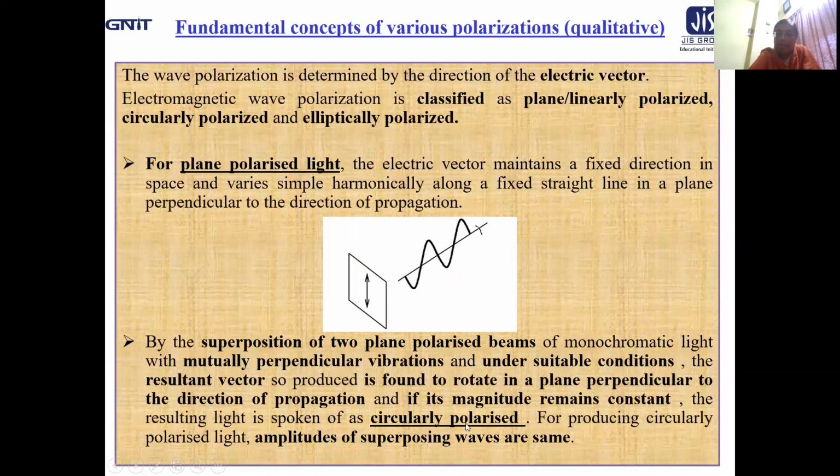And for producing circularly polarized light, the amplitudes of the superposing waves must be the same, because I already mentioned that under suitable conditions. What about the suitable condition for circularly polarized light? The amplitudes must be the same.